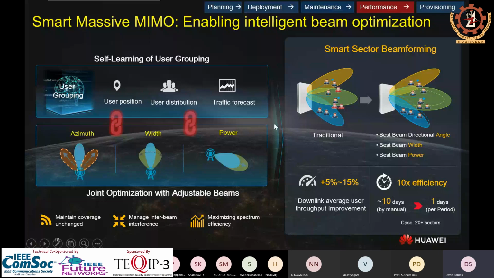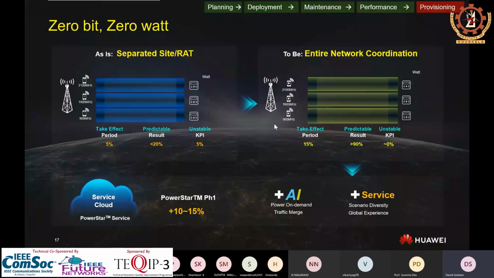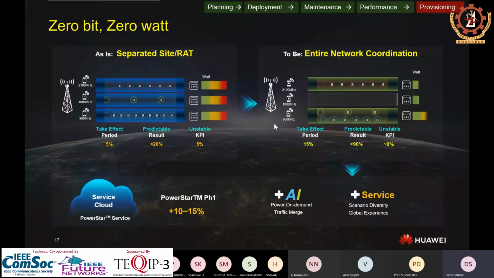Another important application, this is the example of 4G, but also very important for 5G, is the concept that if you don't have traffic, it basically doesn't make any sense for you to consume energy. So we think of 0 bit, 0 watt. We have algorithms in place that can decide to steer the traffic.